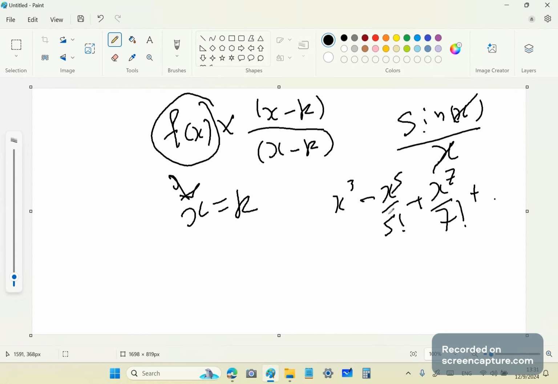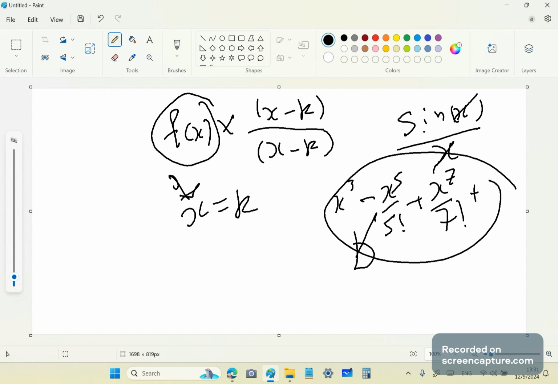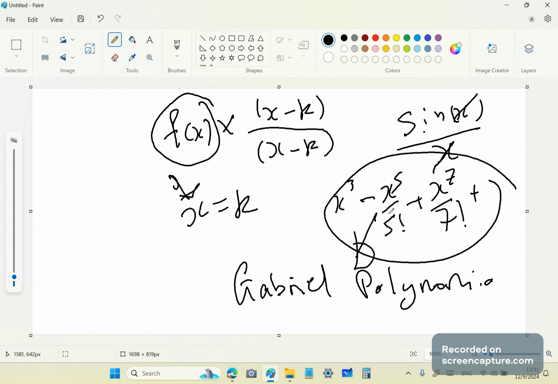It's not like Taylor series. There's something far more advanced than Taylor series, and it's 100% accurate. It's called a Gabriel polynomial. If you look on my academia channel, you'll see a whole article on it. Of course, it's pretty advanced, and most of you are, I'm afraid, too stupid to understand it. But some of you do like math, and you will look into it.